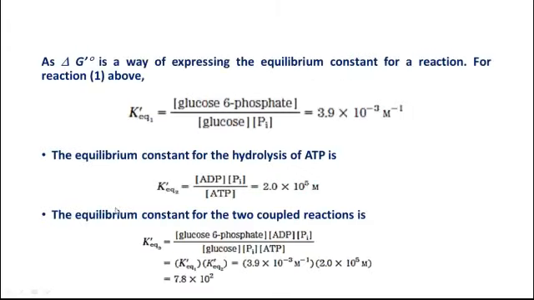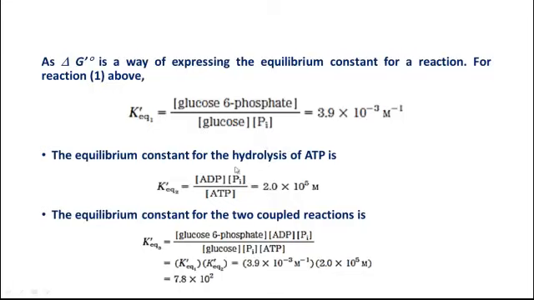Like we said before, delta G is a way to express the equilibrium constant for a reaction. So for the reactions which we discussed above, the equilibrium constant for the first step is equal to 3.9 into 10 to the power minus 3 per mole, and you can see that here water is not included in the expression because its molar concentration is considered to be unchanged during the reaction.